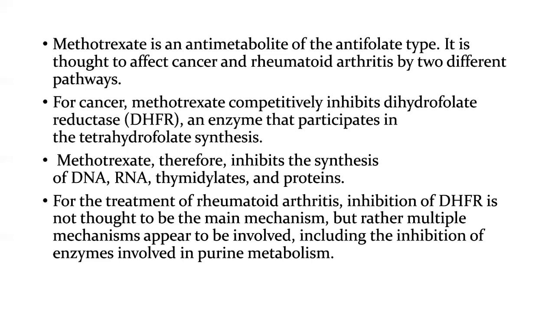For cancer, methotrexate competitively inhibits dihydrofolate reductase, that is DHFR. Methotrexate therefore inhibits the synthesis of DNA, RNA, thymidines, and proteins. For the treatment of rheumatoid arthritis, inhibition of DHFR is not thought to be the main mechanism, but rather multiple mechanisms appear to be involved, including the inhibition of enzymes involved in purine metabolism.